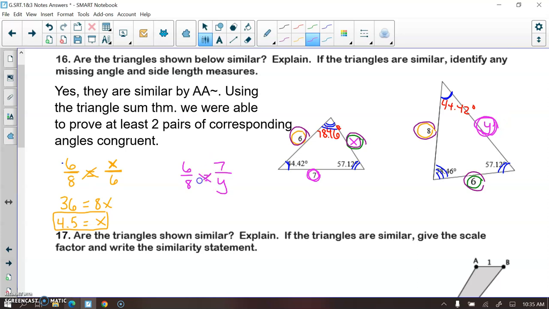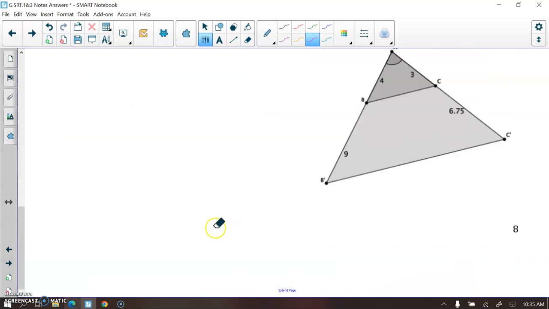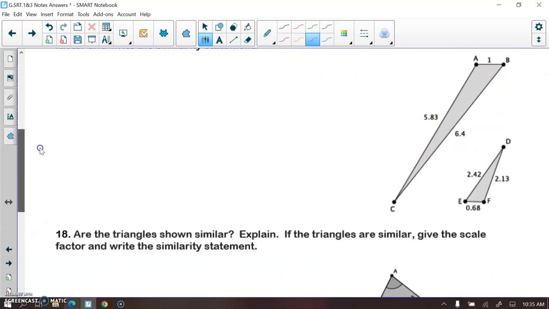And now I'm going to cross multiply here. So I wind up with a 6y is equal to a 56. Dividing by 6 on both sides, I wind up with y is equal to 9 1/3. I don't want you to round. I'd rather you use fractions than round your decimal here. Okay, so we got 2 more to go.